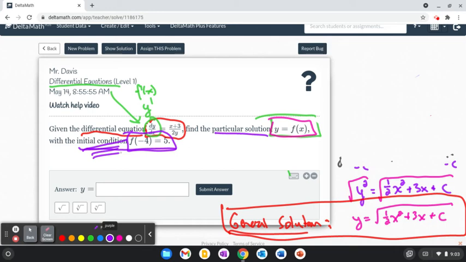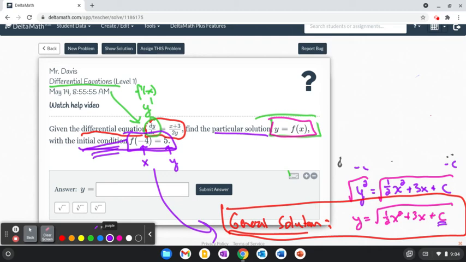So this says if we plug -4 in for x, then our y will be 5. Just think of f of, when thinking about functions, plug a certain number in, you get out a y value, right? So if we plug in -4 for x, then we should get out y. So what we're going to do is use this initial condition, plug it into the general solution to solve for c.